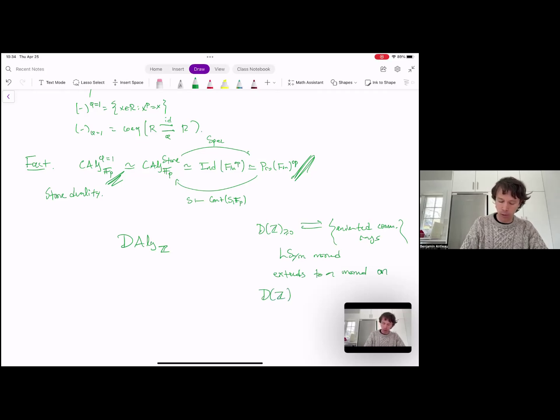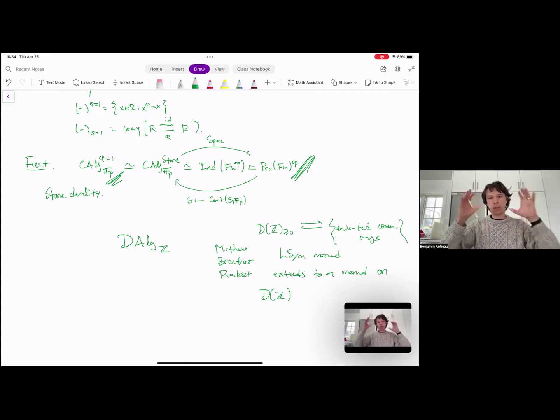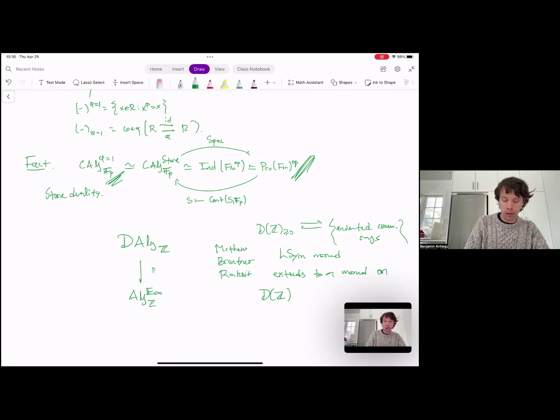This is due to Akhil Mathew, maybe Lucas Brantner, and Arpon Raksit. And so it extends to some monad, and you just declare a derived commutative ring to be an algebra for that monad. The important thing is that the forgetful functor to E infinity algebras over Z preserves all limits and colimits.